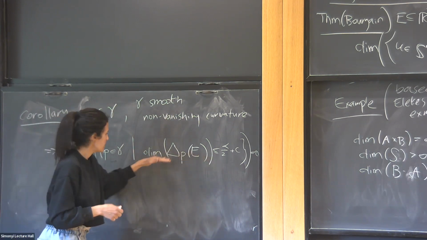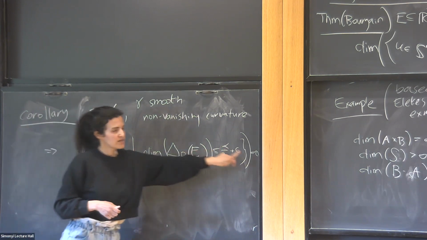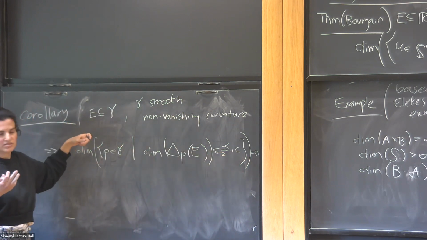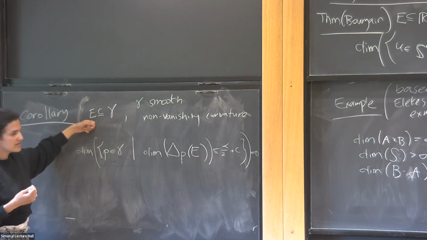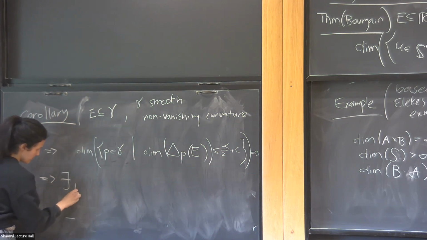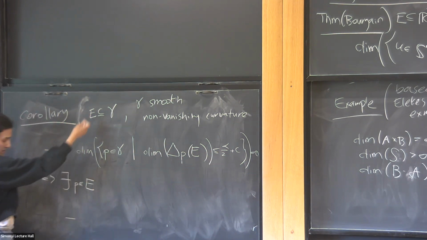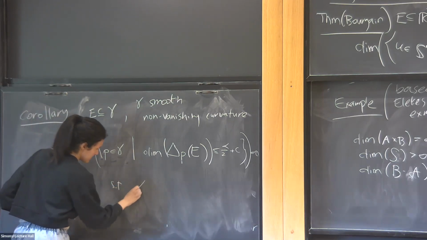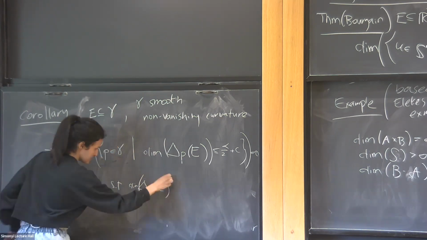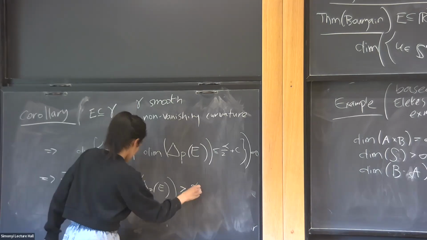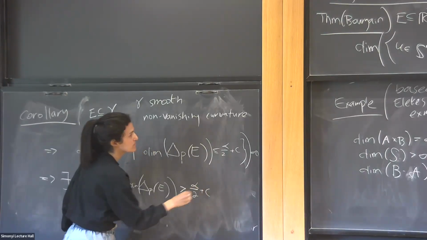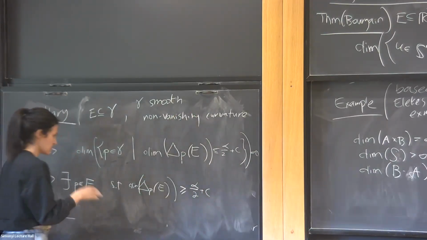So this set K, when we intersect it with gamma, must have dimension 0. And since we started with a set E that has a positive dimension, there will be a point in E that is not in K. So this would mean that there exists P in E, because E is contained in gamma, such that the dimension of this distance set is at least alpha over 2 plus C. I don't know if I wrote strict inequality or not.